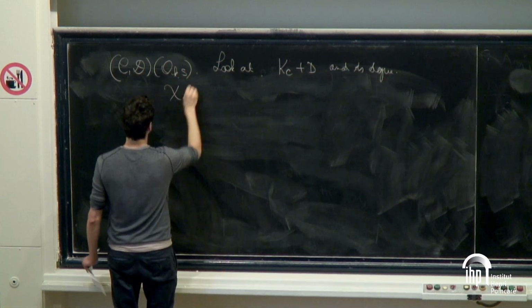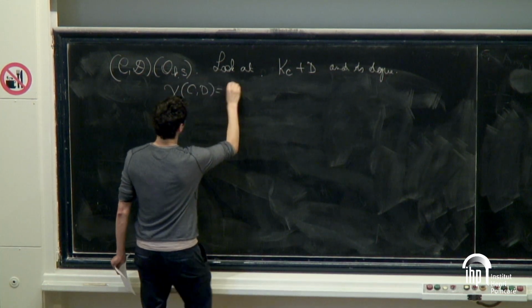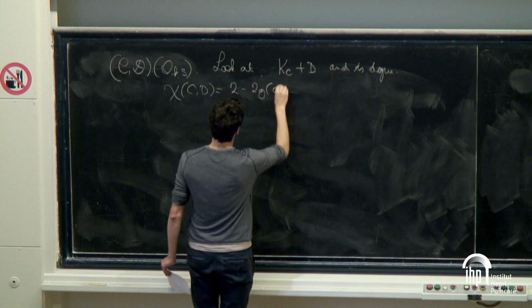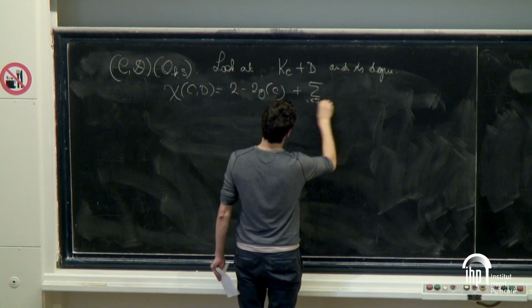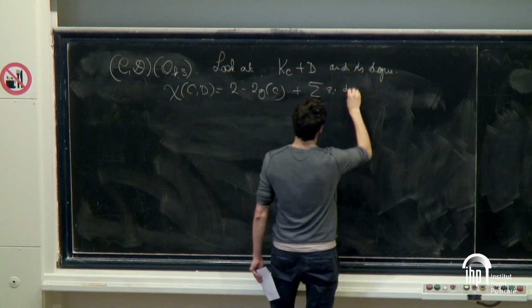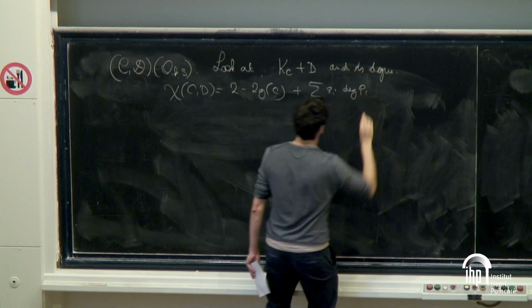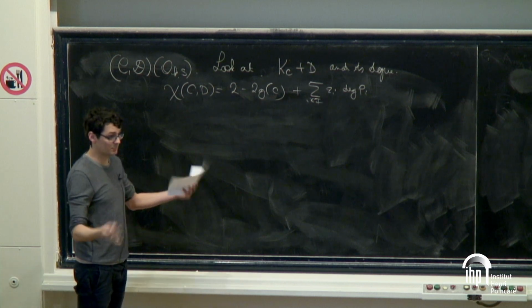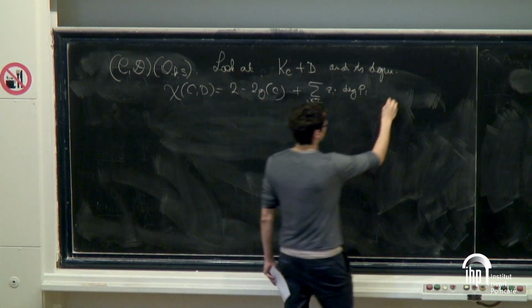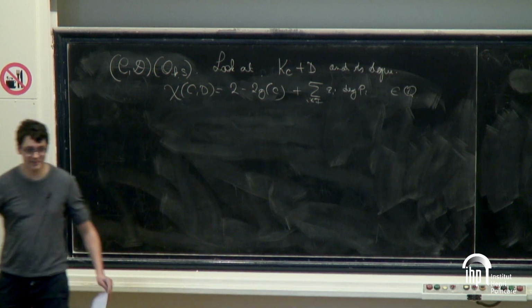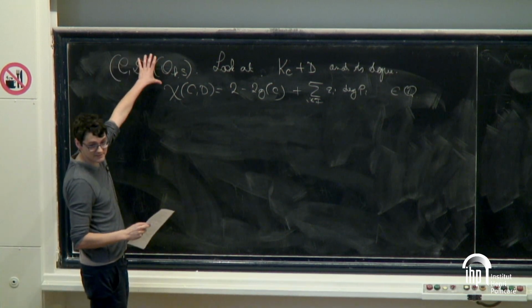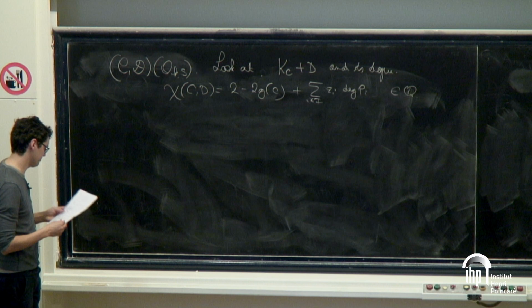Let's call this chi. It's 2 minus 2 times the genus of C plus the sum of all epsilon_i times degree of p_i. So this is a rational number, which should govern to a large extent the properties of these sets C, D, S.